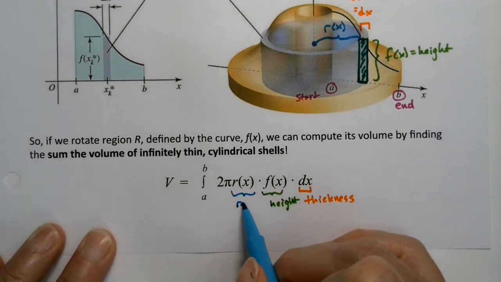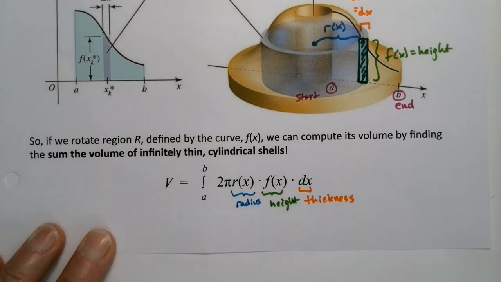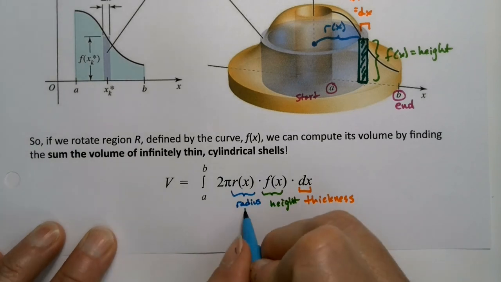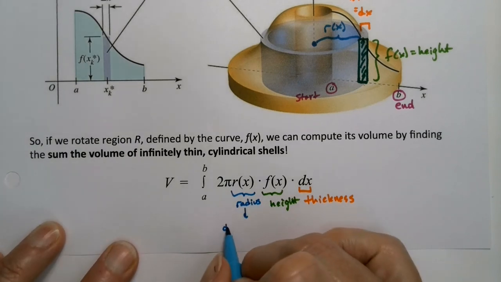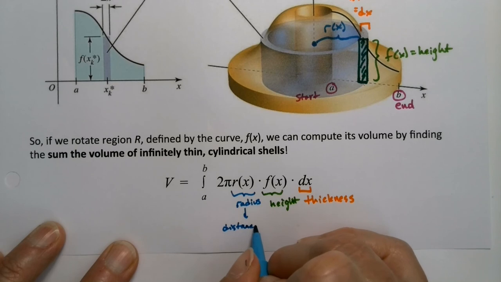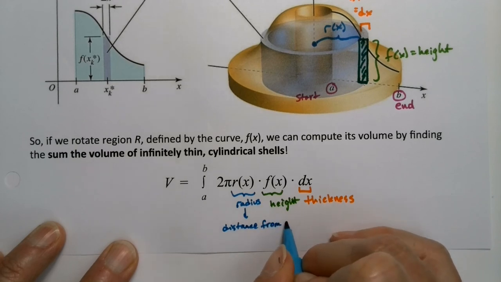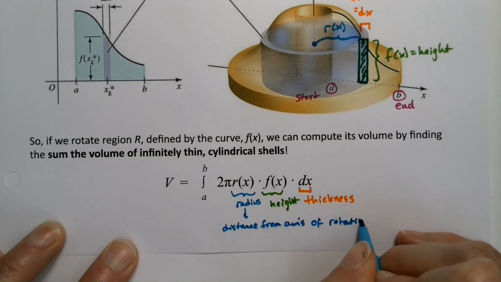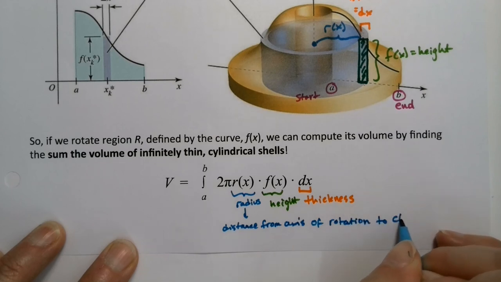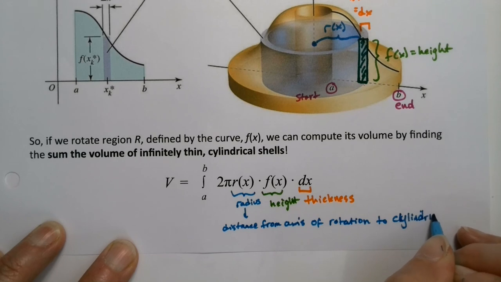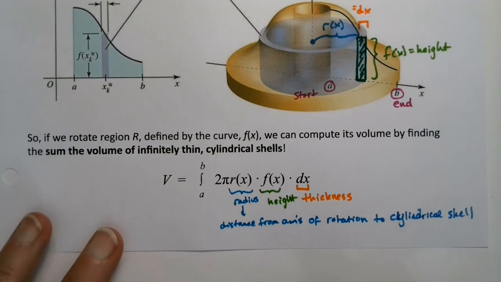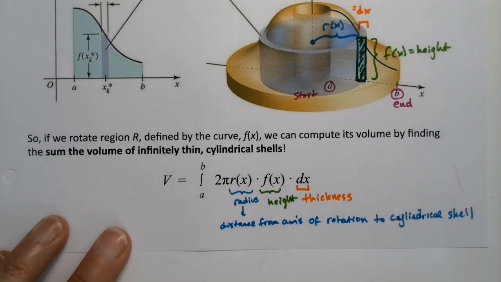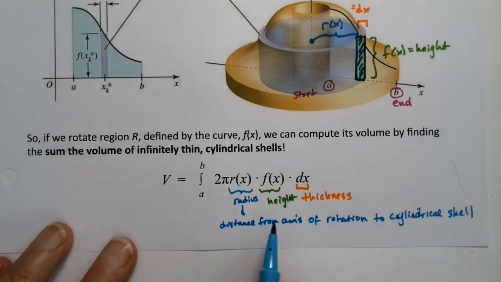And that radius will be the distance from the axis of rotation to the cylindrical shell.